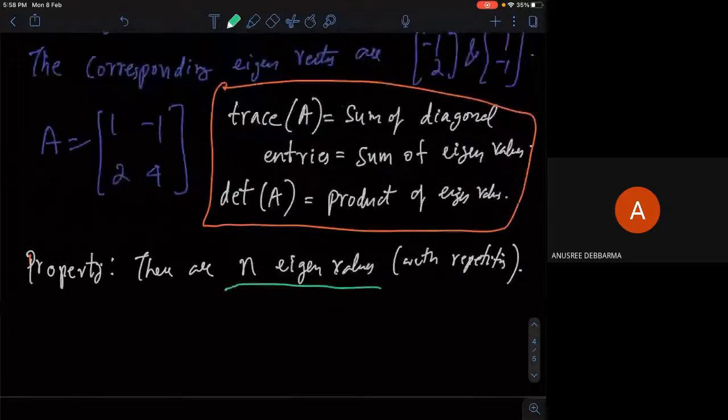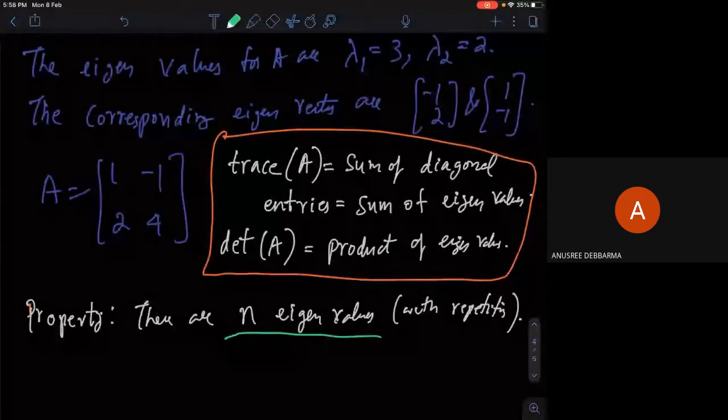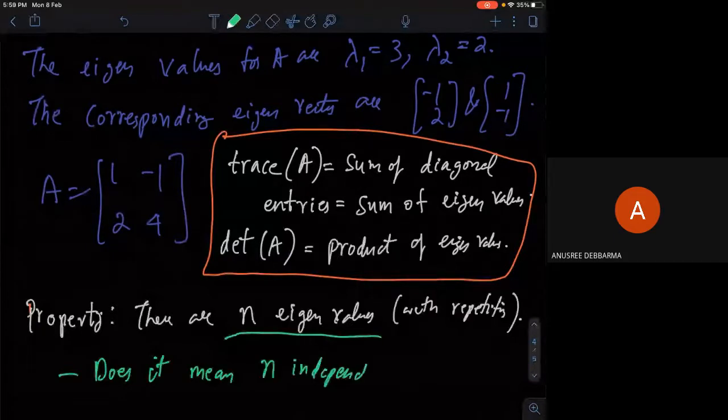Now, someone asked me this question: does it also mean that there are n independent eigenvectors?